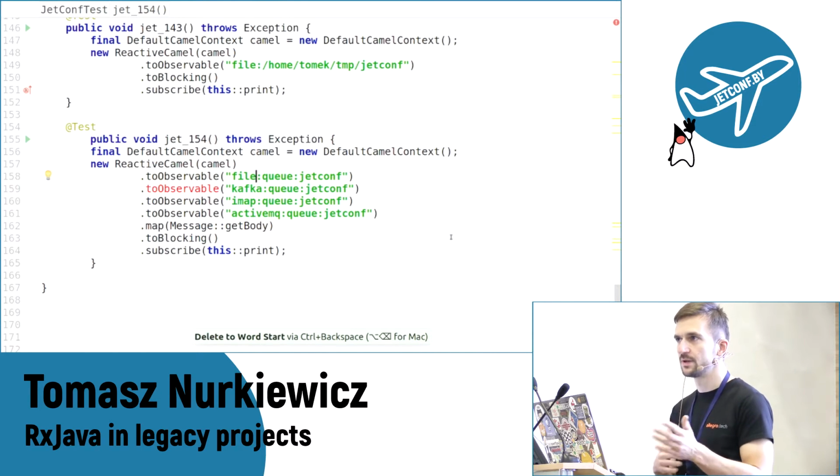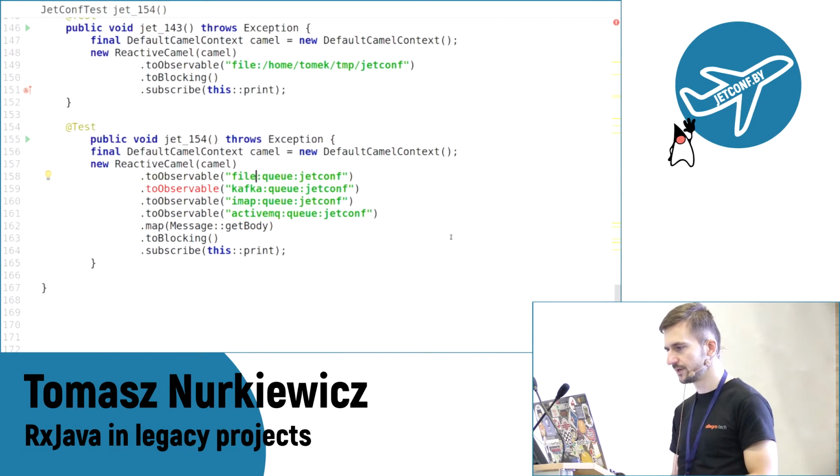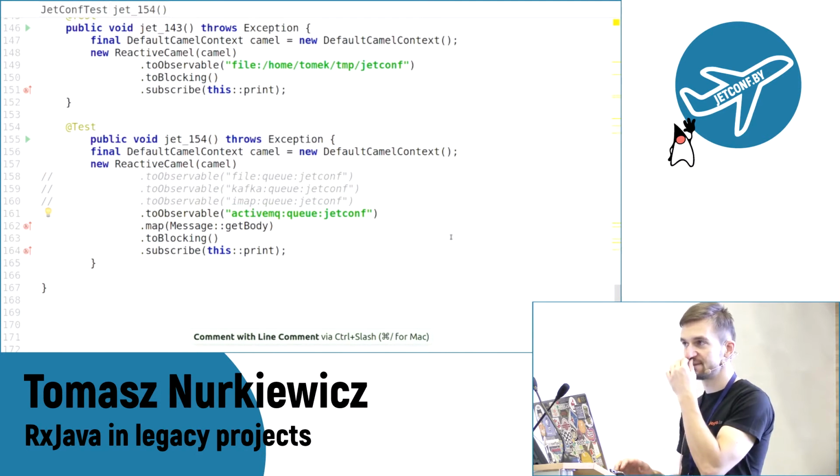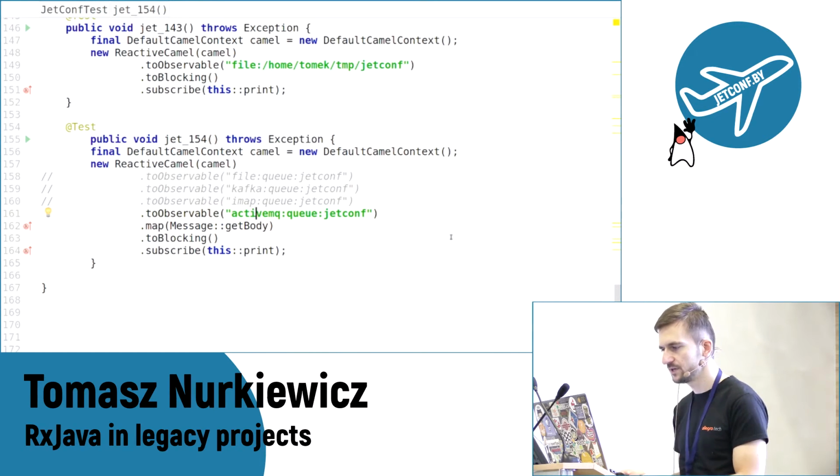And all of them should work once you have a correct dependency and you get a consistent RxJava API. So no matter what kind of system you integrate with, you always get a consistent API, which is basically a stream. Okay, any questions to this one?